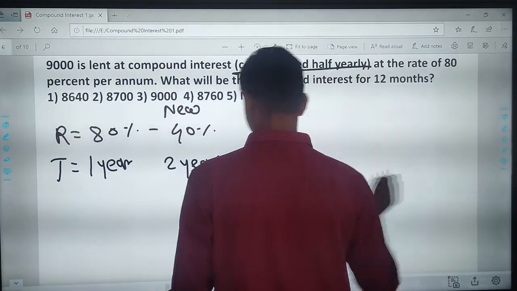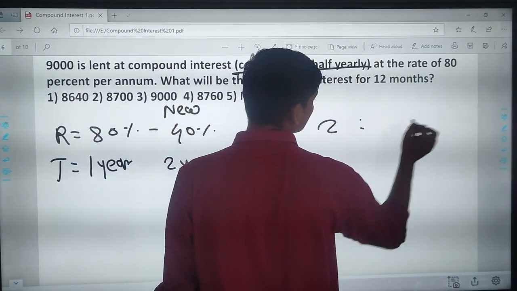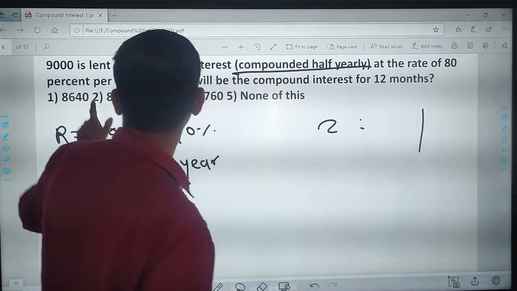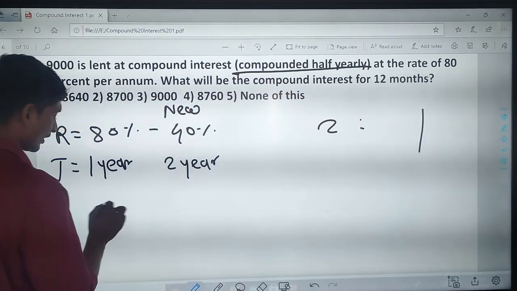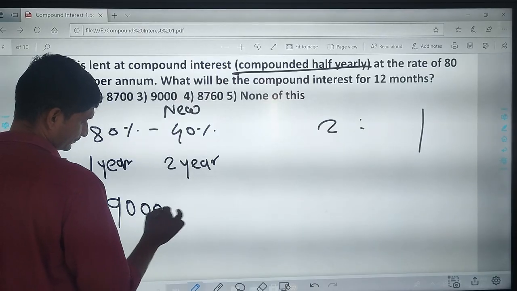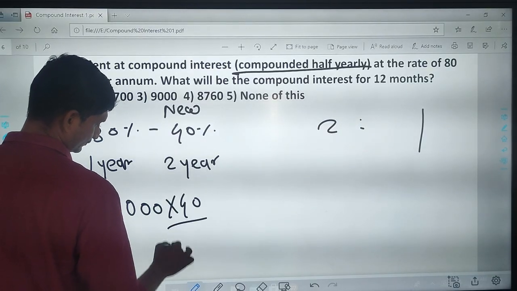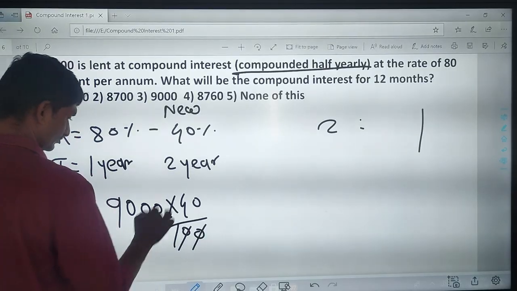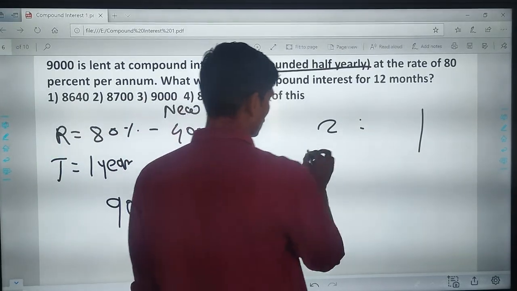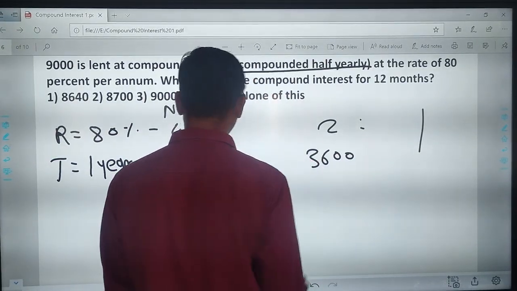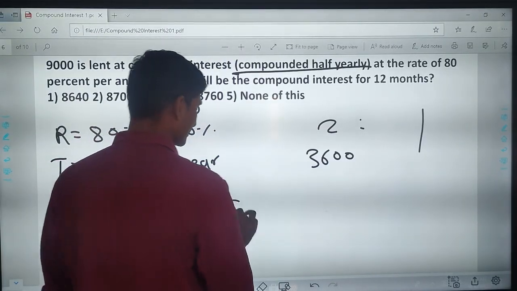Now here we get firstly 40% of 9,000, which is 3600. Now also we get 40% of this value.